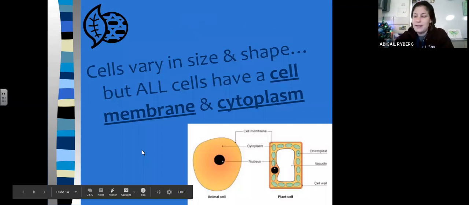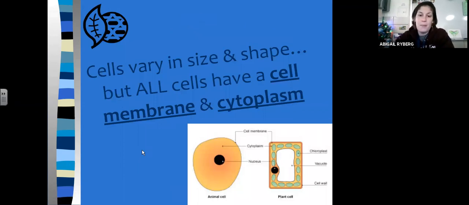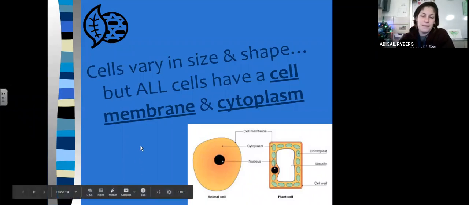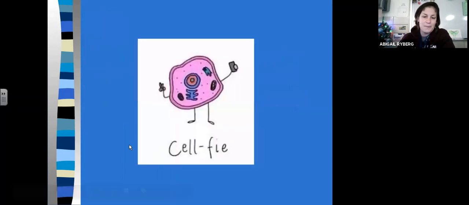So cells vary in size and shape. But every single cell has a cell membrane which surrounds the outside of the cell, and cytoplasm. We'll talk about both of those in just a little bit.